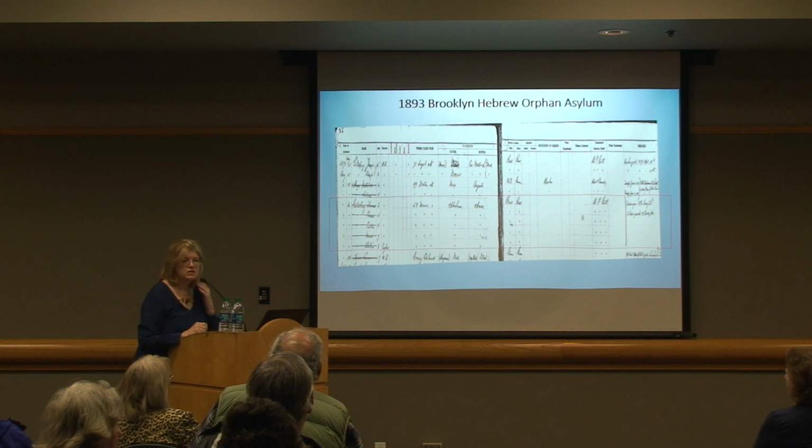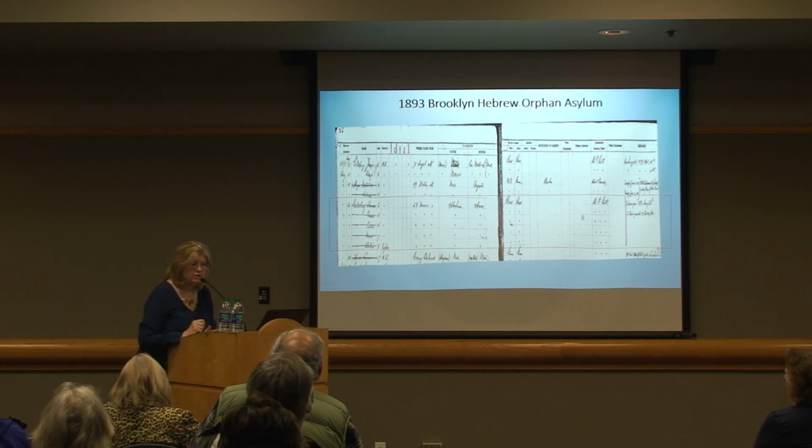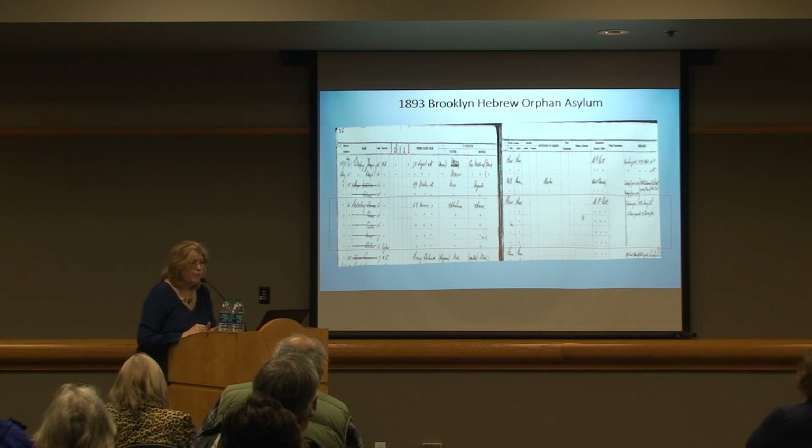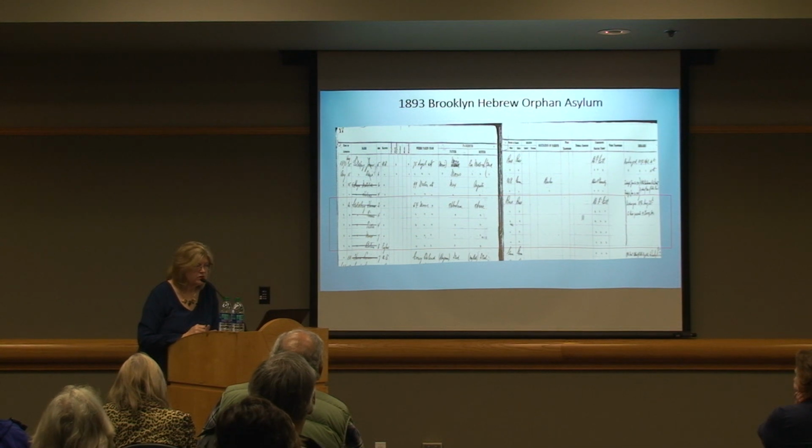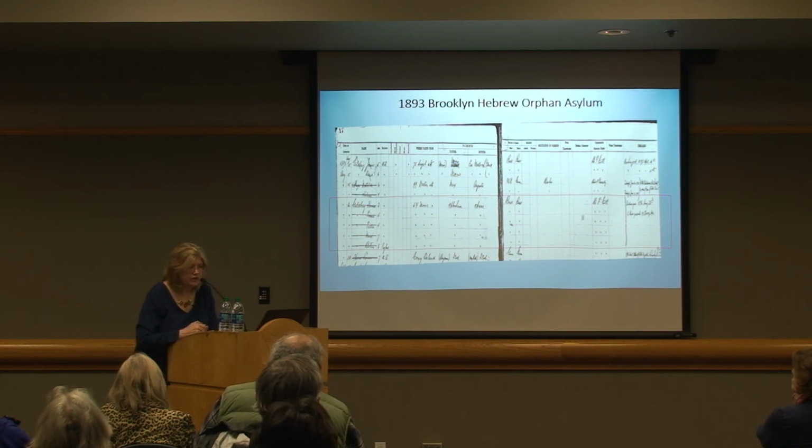Now, we tend to think that orphanages are places where they put children whose parents had died. Many times in that period, the parents were still alive, but they could not take care of their children. There was no foster care system at the time, so if the parents could not take care of the children, if there were no relatives to take care of the children, they were put in an orphanage.